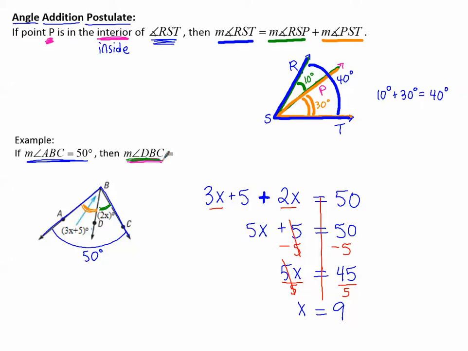Angle DBC says 2x degrees. So the measure of angle DBC, which equals 2x, equals 2 times x is 9, which equals 18 degrees.